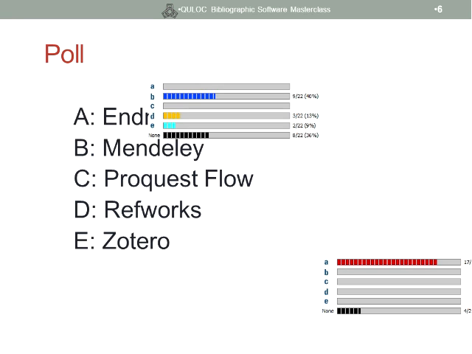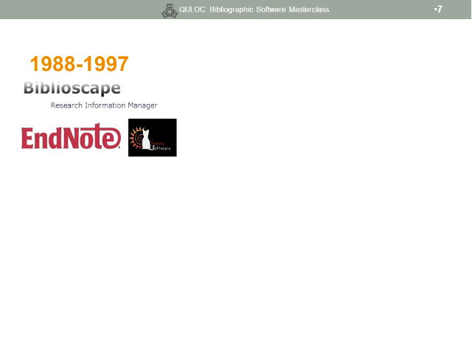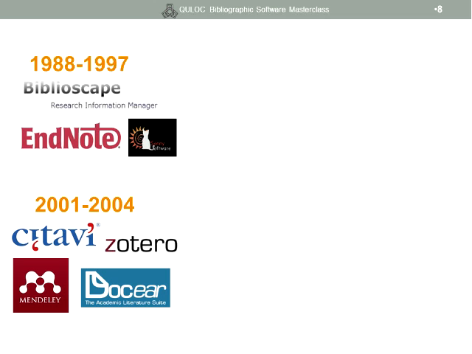Always good to know. Okay, what I'm going to show you now is just basically a timeline of how bibliographic software is popping up. So in 1988 and 1997, we really only had 3 players. So Biblioscape, EndNote, and Sunny Software. I think that was a Mac one from memory.